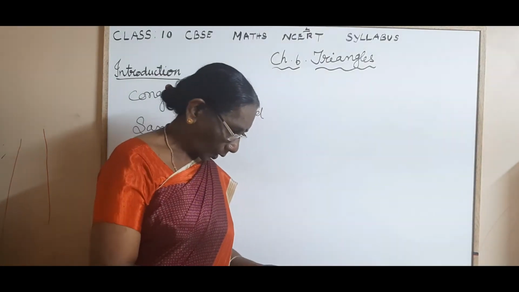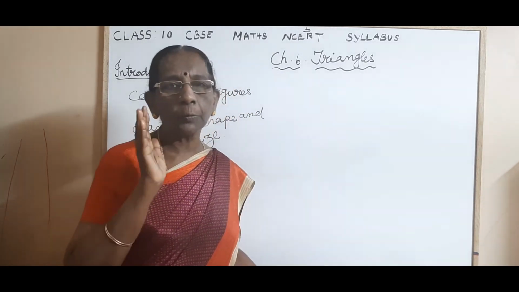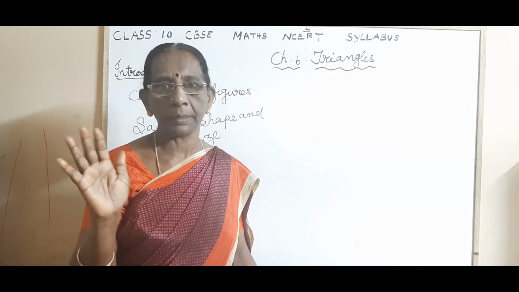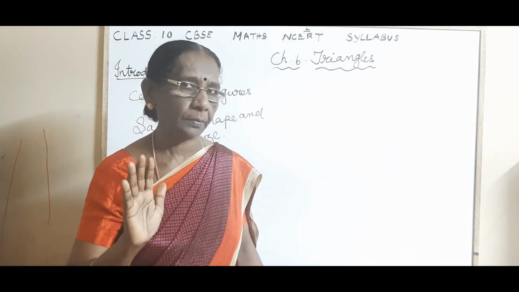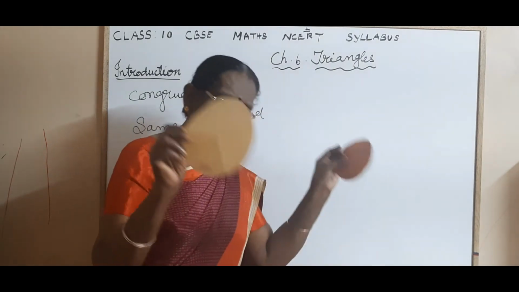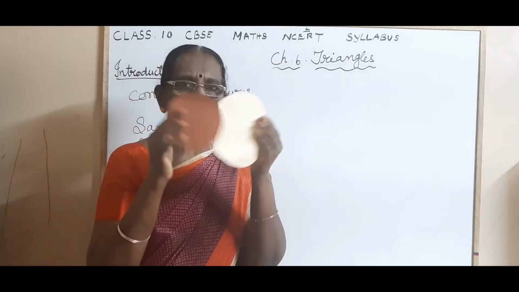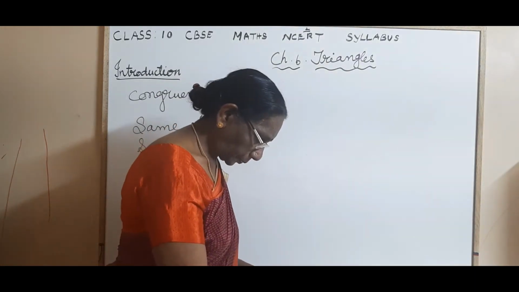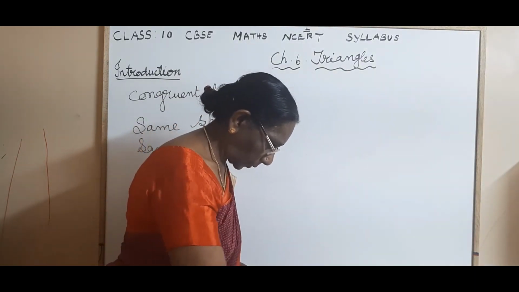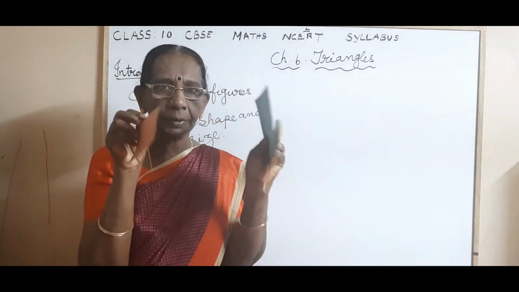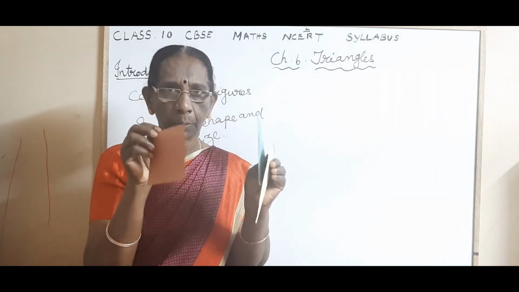Now, you compare your hand and your father's hand or mother's hand or brother's hand. What do you observe from that? And in the same way, you observe these two circles. What do you observe from this? In the same way, you take these two figures. This is also a polygon.